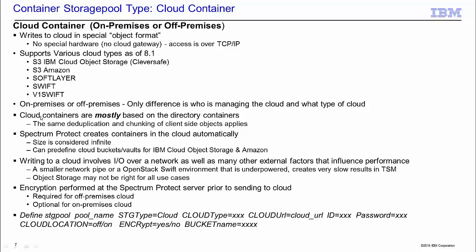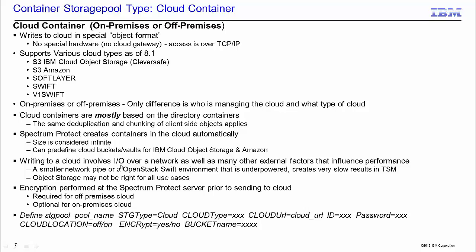So cloud containers are mostly based on directory containers. We utilize the same deduplication and chunking. We do create the containers in the cloud automatically, and we consider the size to be infinite when we define a cloud. You can go out there and predefine buckets and vaults, and I'll talk about that in a bit on how you do that for your S3 Cloud Object Storage or Amazon.